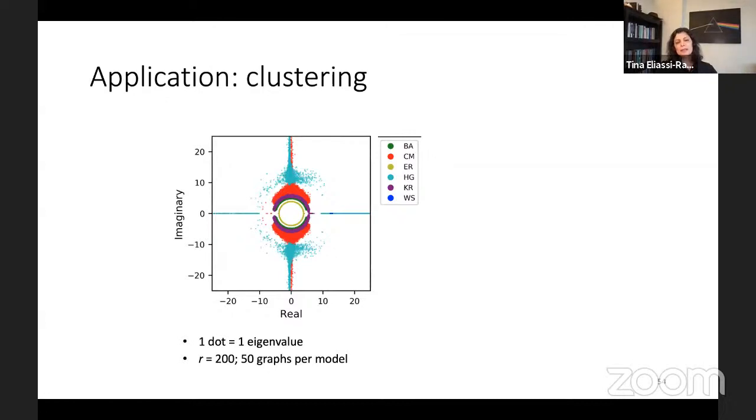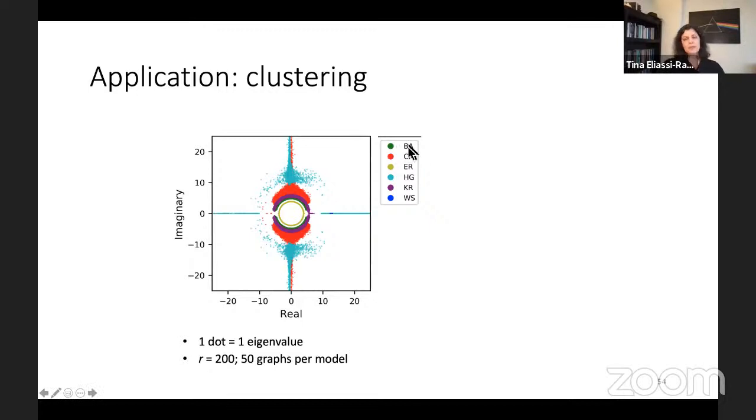Then when we look at the networks that are produced by the random graph models here, what happens in terms of their eigenvalues? Again, I'm showing you real and imaginary eigenvalues. Every dot is an eigenvalue here. The number of eigenvalues that we looked at is 200, and this is 50 graphs per model.